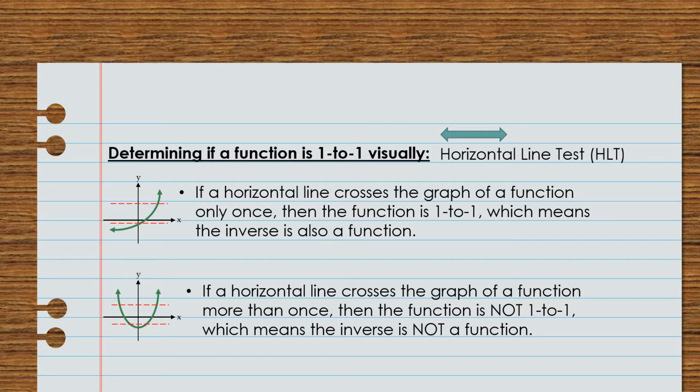Notice, if you place a horizontal line anywhere on this graph, it will cross it more than once. When we say this function is not one-to-one, again, that simply means the original is a function, but its inverse, meaning if I were to switch the x and the y, would not be a function.